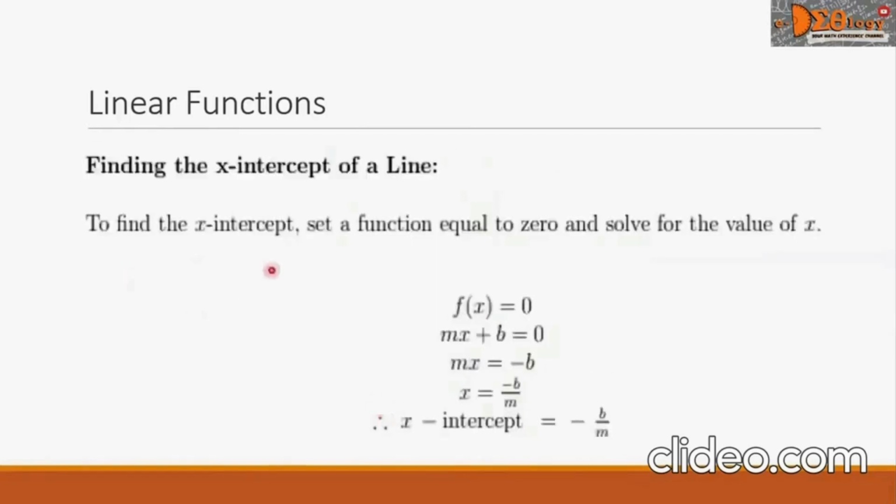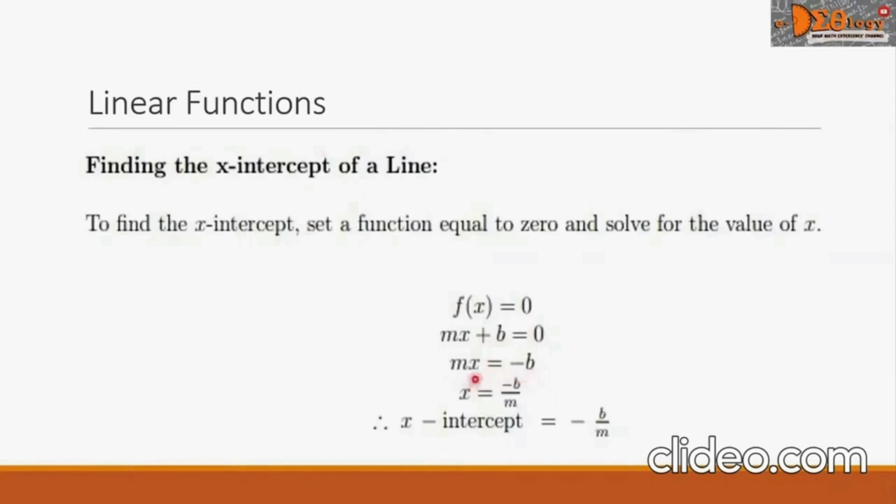To find the x-intercept, we set the function equal to 0 and solve for the value of x. So given f of x equals 0, we have mx plus b equals 0, and this positive b is transposed to the right. The sign is changed, so we have mx equals negative b.